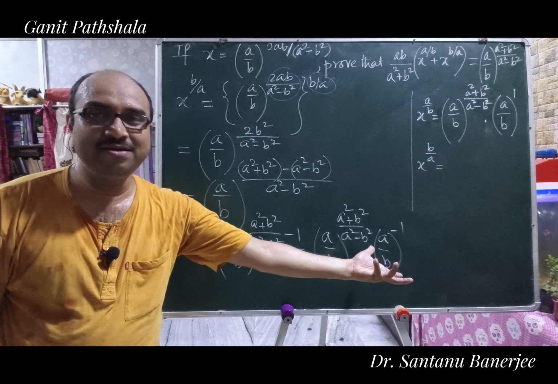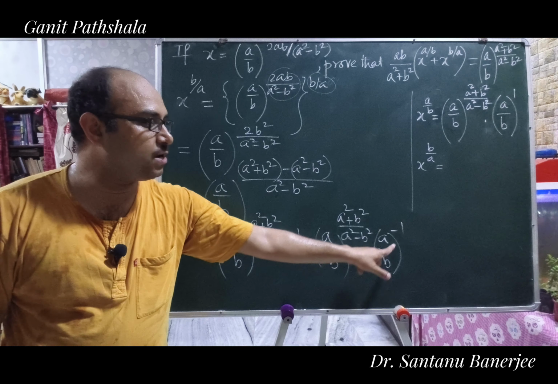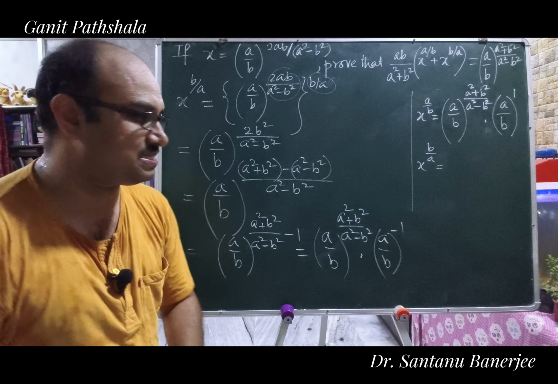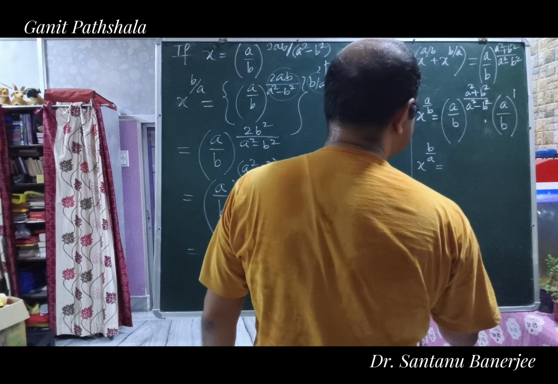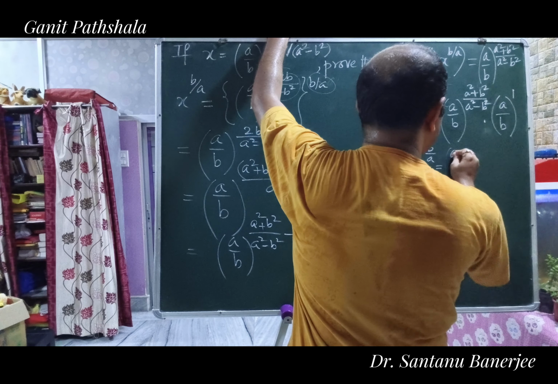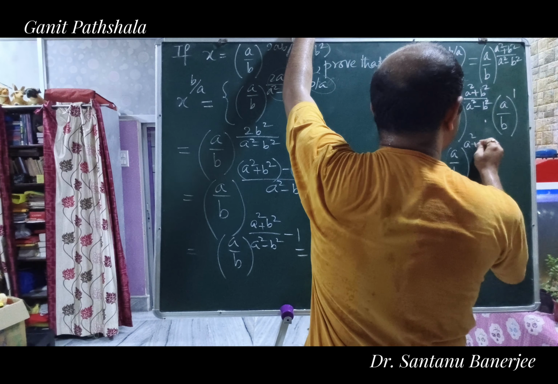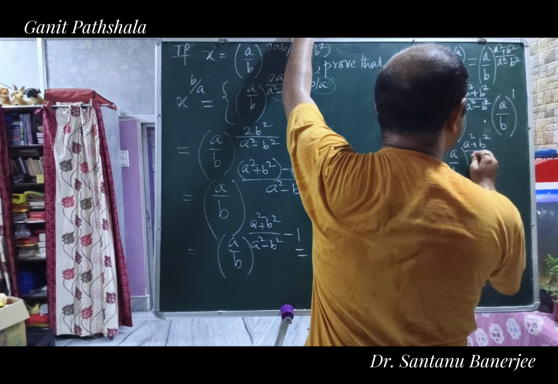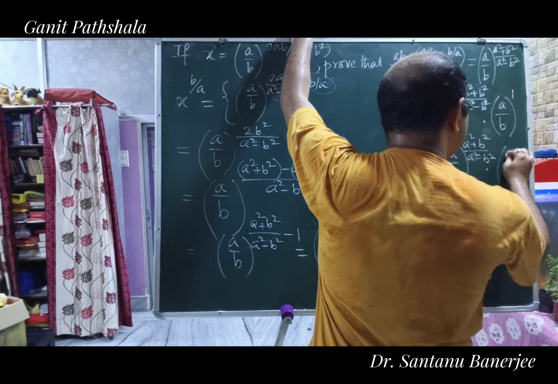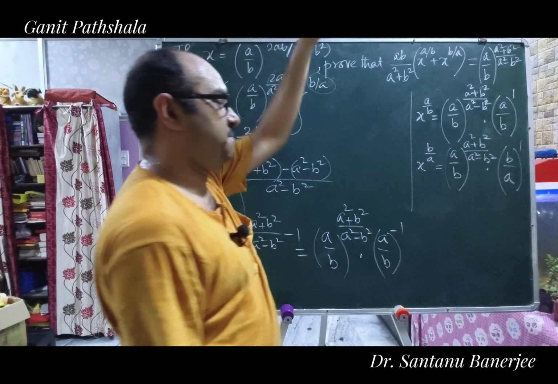You can just reverse the roles of numerator and denominator. Simple law of indices. So what you are getting, x to the power b by a equal to a by b whole to the power a square plus b square by a square minus b square into b by a whole to the power 1.